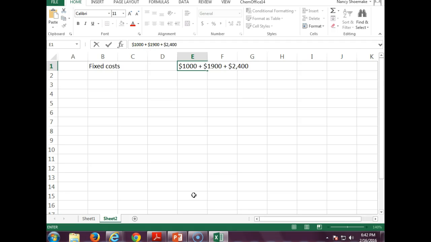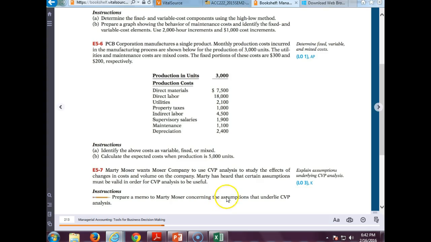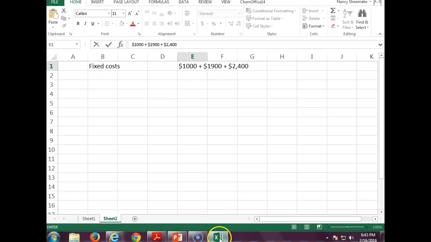What else? The fixed portion of these mixed costs up here are 300 and 200. Okay, so I'm going to add that up there. So we've got how much? 5,800. Okay, those are our fixed.